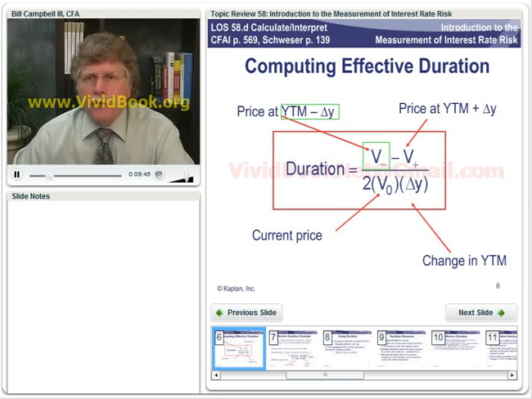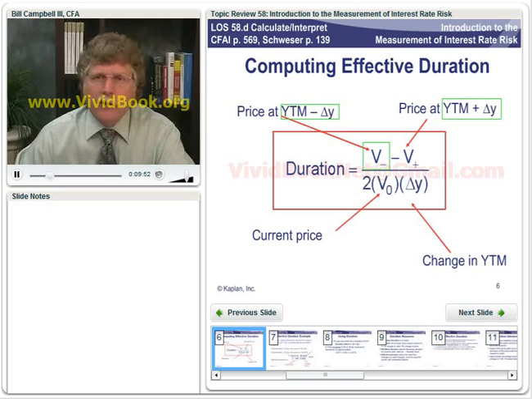Then we do another calculation where we increase the yield by delta y. And that gives us a new price, V plus. The little subscript plus says that's the value when yields went up. The subscript minus on the other is the value when yields went down. So the subscripts tell you yields going down, yields going up.